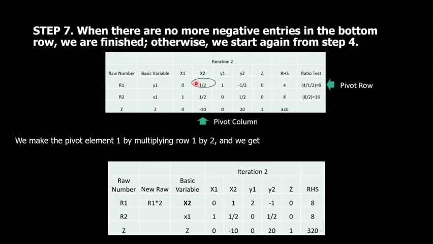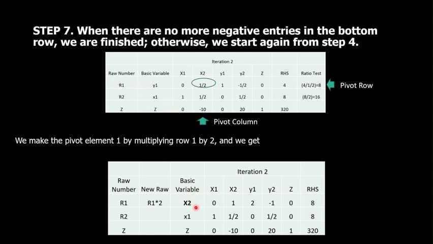We have here 4, and on the pivot column we have a coefficient of a half, or 1 by 2. So 4 by half is 8. 8 by half is 16. This means that y1 would be the leaving variable.